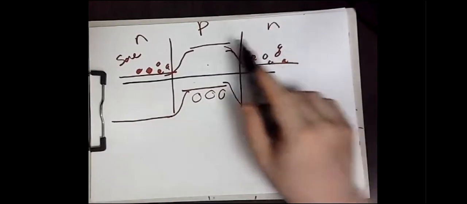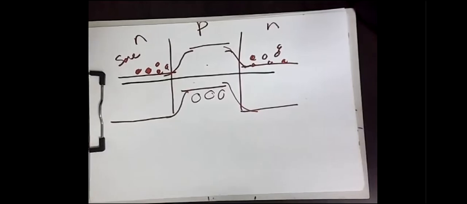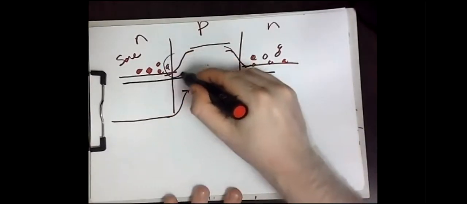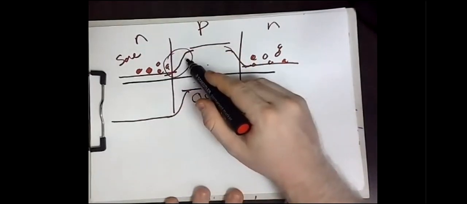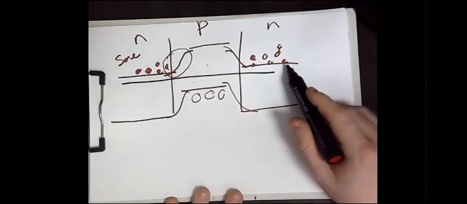Accordingly, under this condition, no continuous electrical current will be conducted. And in order to have a flow of current, you have to get rid of this barrier, because this barrier is the obstacle which prevents electrons from passing from the source to the drain.